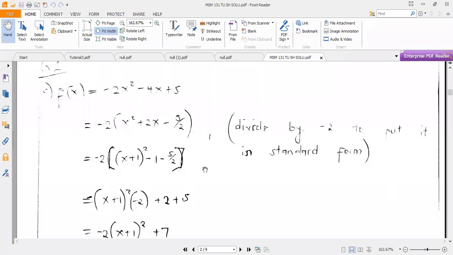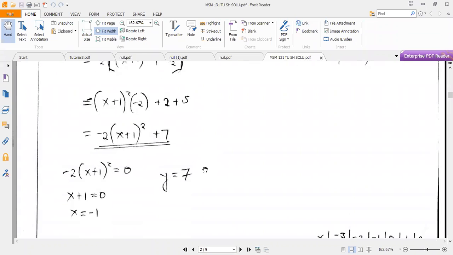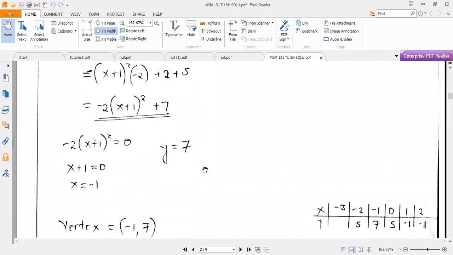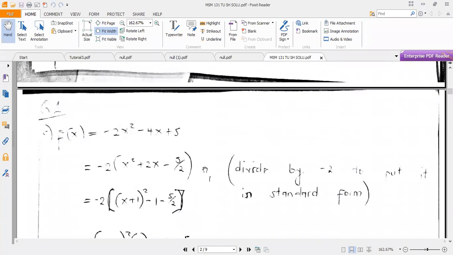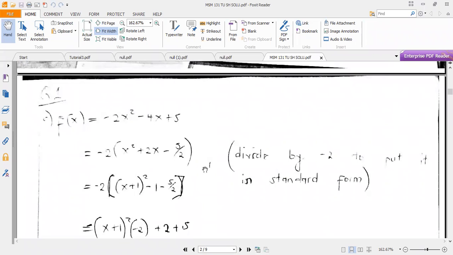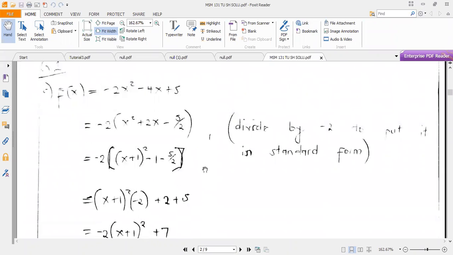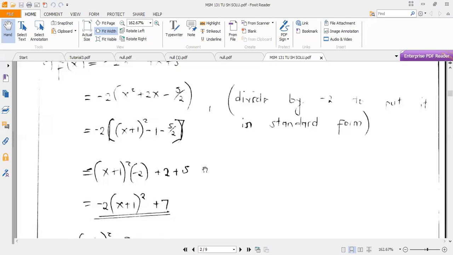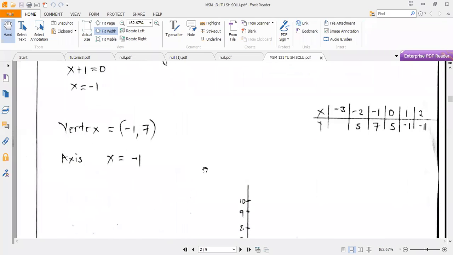The -2 squared was 4. 4 times that, it was negative, isn't it? So our answer is +5, because it would be -8 plus 8, 0. Then +5. So it would be 0 plus 5. So it would just be 5.